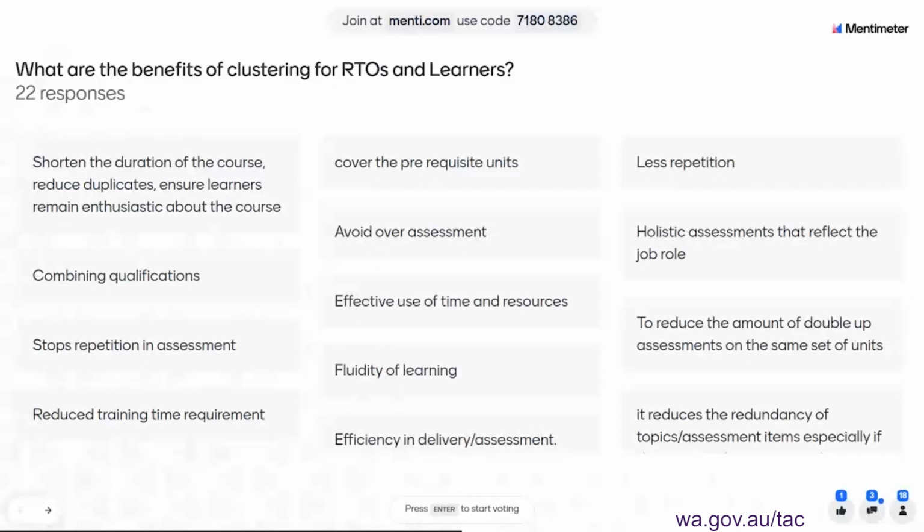So that is a huge benefit, and of course what that can do is, as that first one has put in, it can shorten the duration of the course because it takes out all of that duplication, and for some learners that duplication makes it actually quite hard to stay motivated and engaged in the learning process.